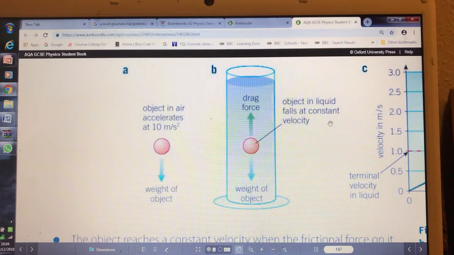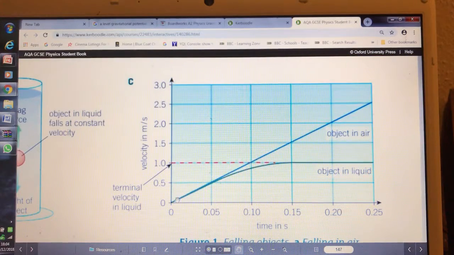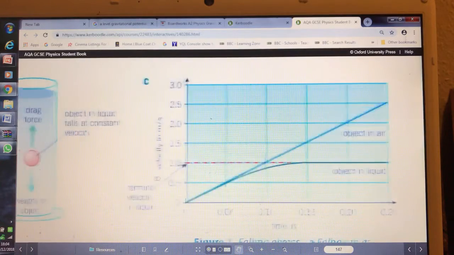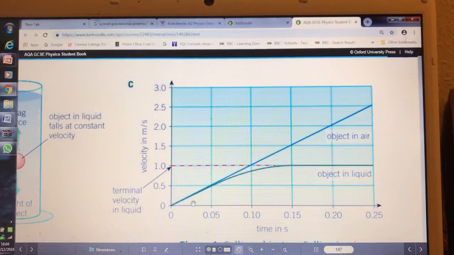Now graphically, if we were to show this on a velocity-time graph, we can see that we will have some uniform acceleration taking place here, but as there's a build-up of a drag force, this uniform stretch here, the uniform acceleration, is gradually going to change into this pattern here, where we have no further increase in acceleration.